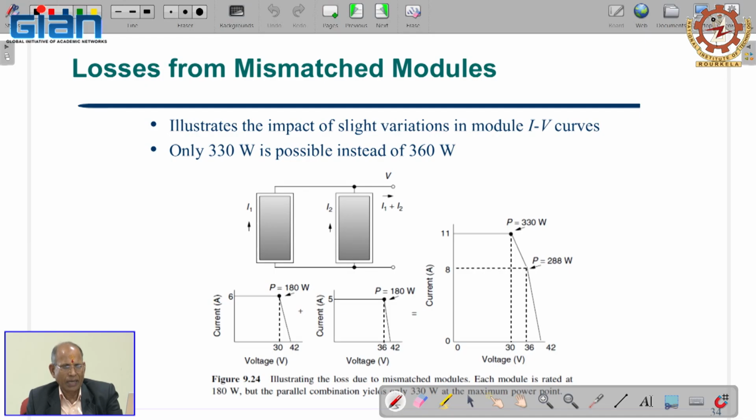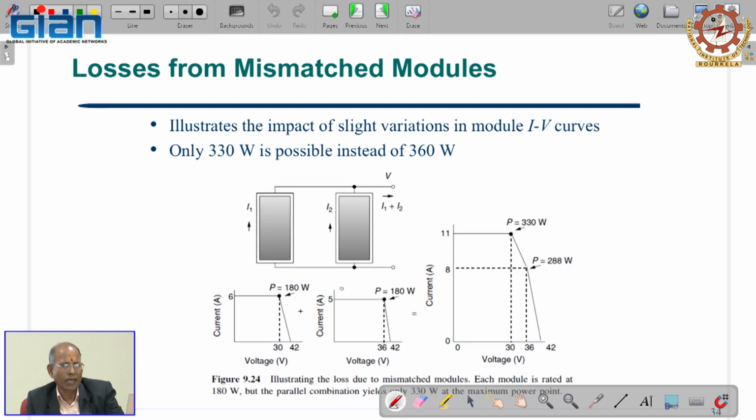So basically you can see that because of some mismatching condition, for example, you can have a PV panel rating of say 180 watt. One manufacturer supplies the PV power of 180 watt.